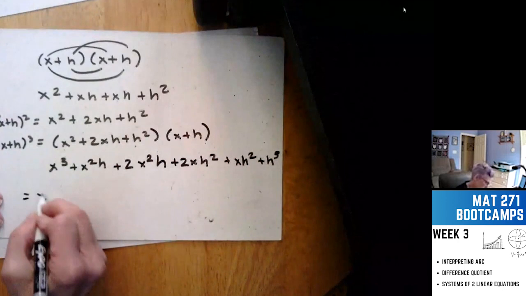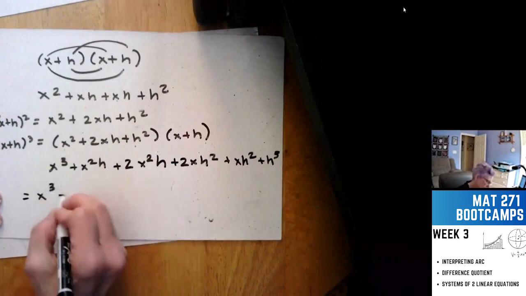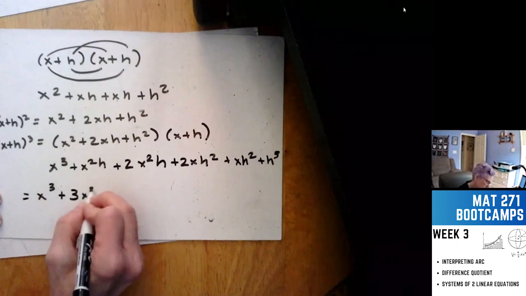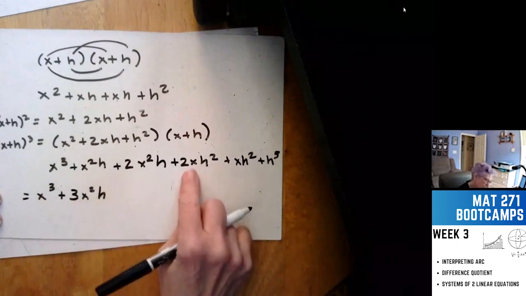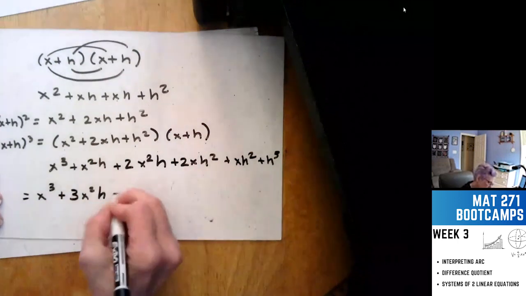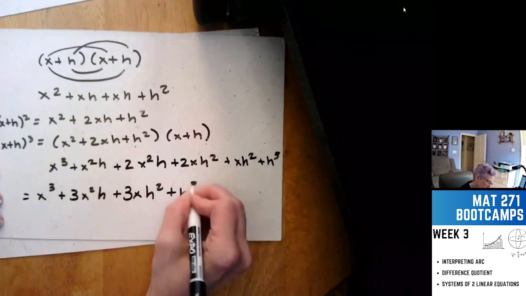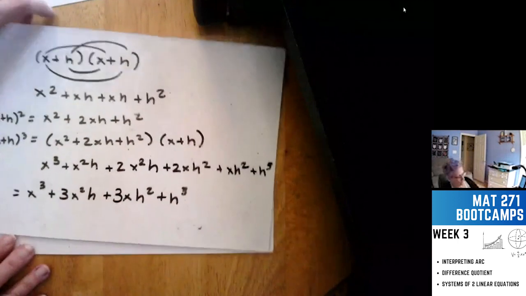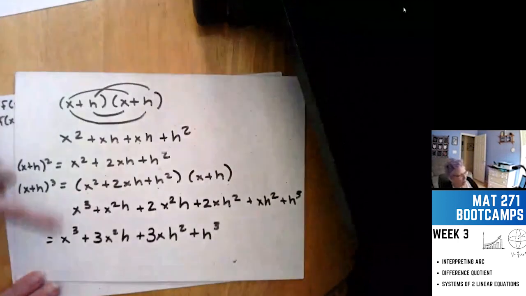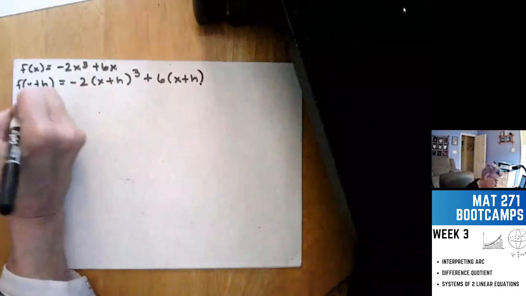Combining like terms, I have 1x squared h plus 2x squared h, 2xh squared plus another xh squared, plus h cubed. You can memorize the pattern, but if you forget it, you can always go back and recreate it.